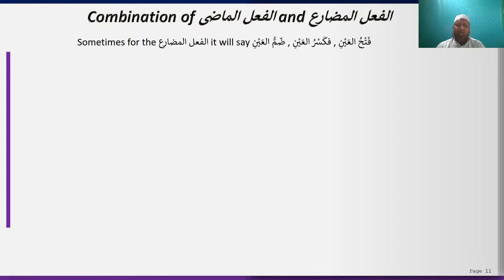Combination of al-fail al-madi and al-fail al-mudari. Sometimes for the al-fail al-mudari, it will say fathul ayn, كسر العين, ضم العين. For فعل ماضي you'll have it in the dictionary.